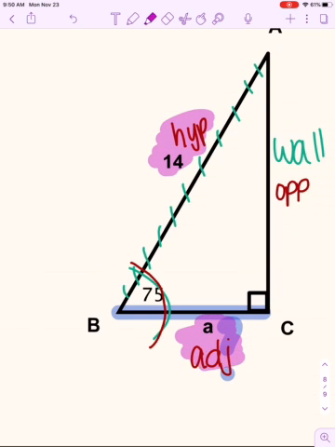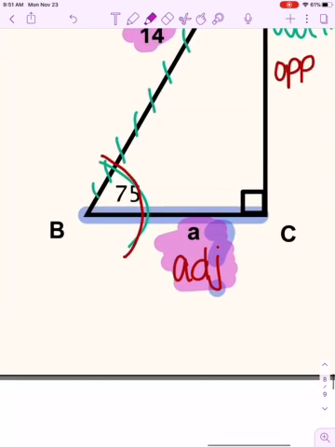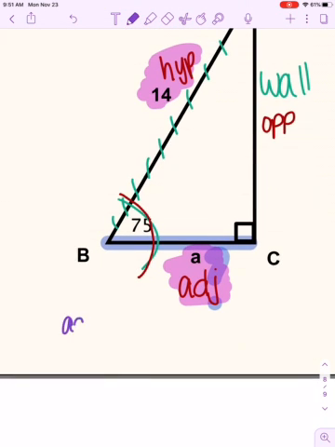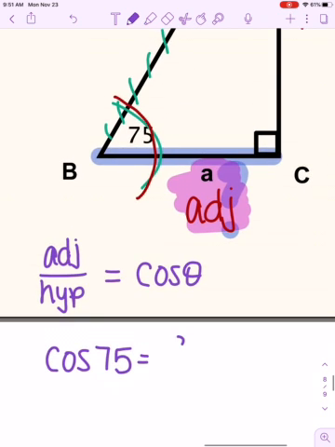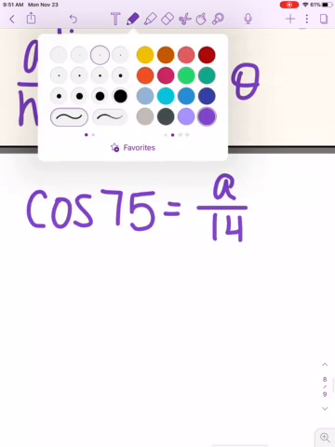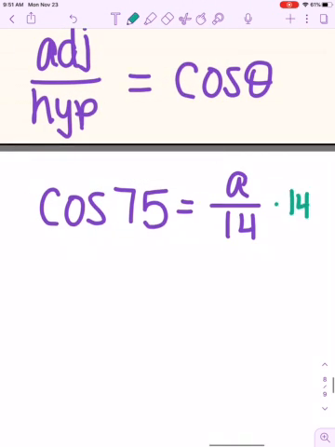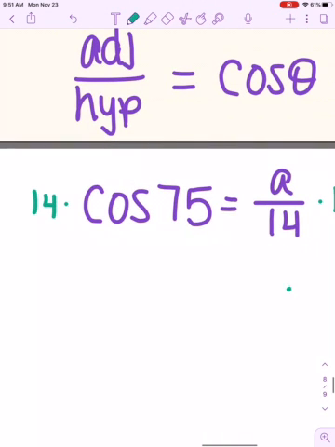Highlight the things you know or the things you are trying to find. We know the hypotenuse and we are trying to find the adjacent. So I am doing adjacent over hypotenuse, which is cosine. So cosine theta, I do know my angle is 75, equals adjacent, which I do not know, over my hypotenuse, which is 14. I'm trying to get A by itself, so I multiply both sides by 14.